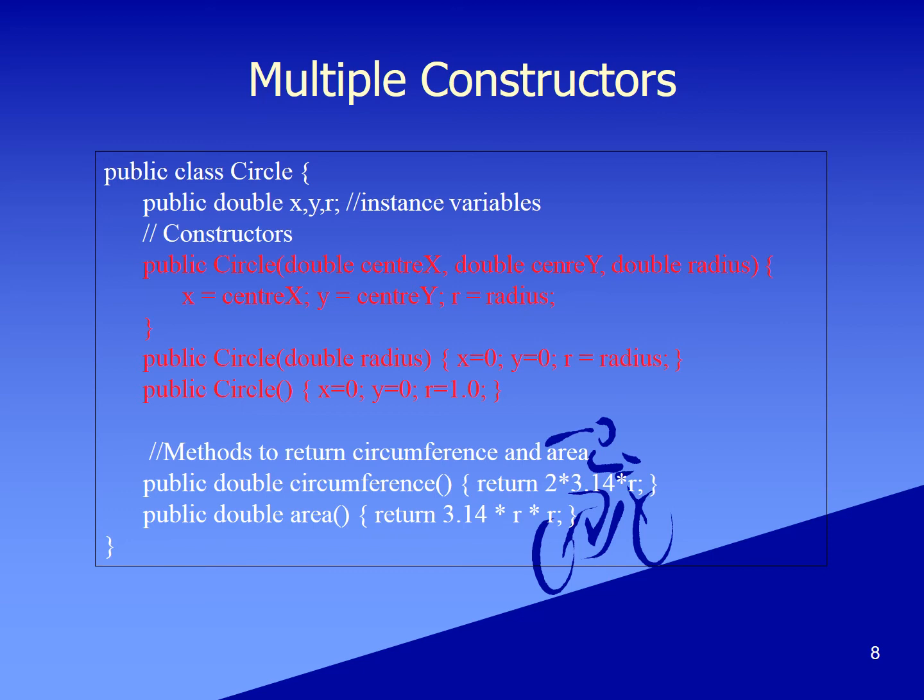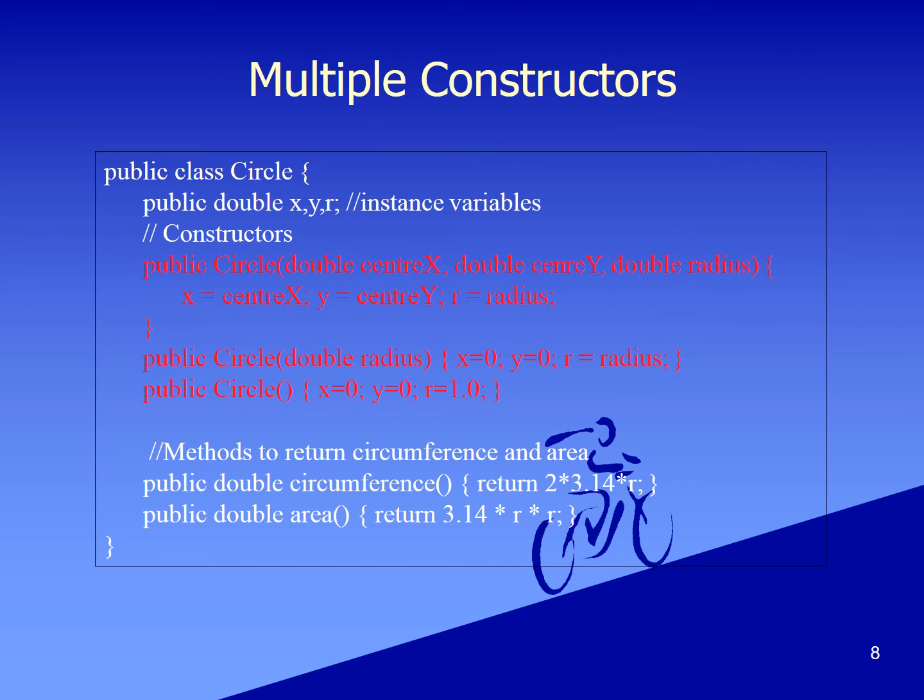Okay, that means the second constructor, and you can have a different way of initializing this constructor. In the first Circle constructor there are 3 arguments passed.